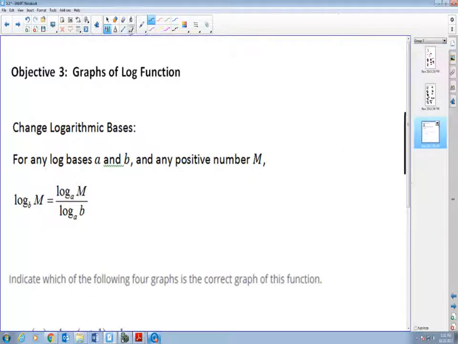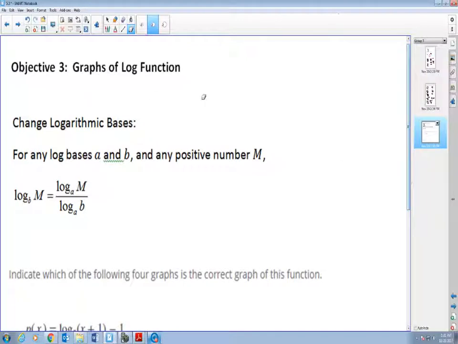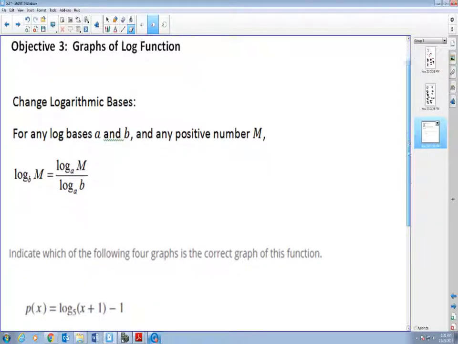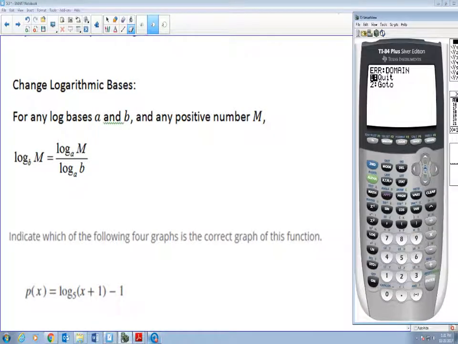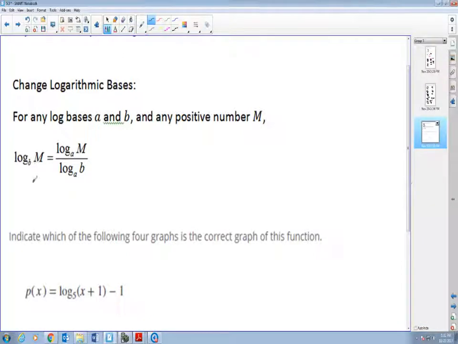Then another technique is called change of logarithm base. In this objective I'm going to use it for graphing. If I ask you to graph log with the base 5, there's no way you can key that in, because every time we press log, the base is 10, but this is a base 5. So what we're going to do is change our bases.